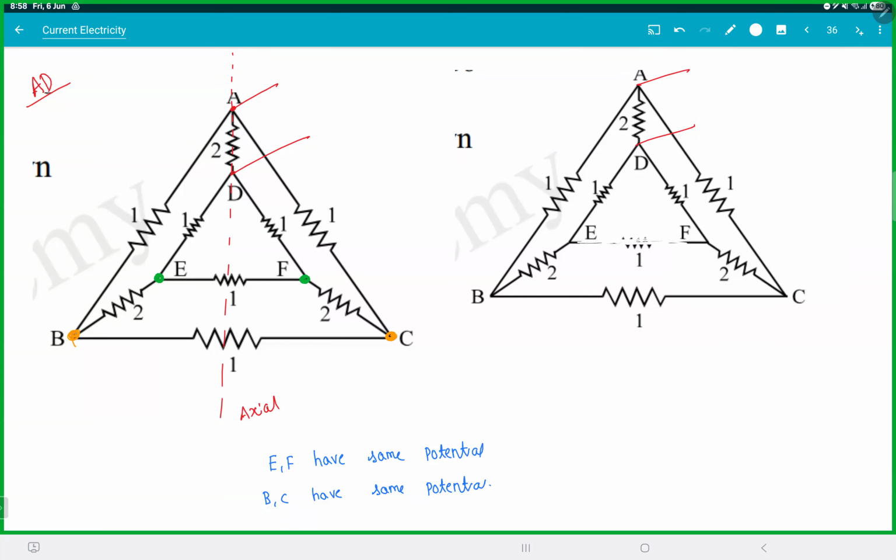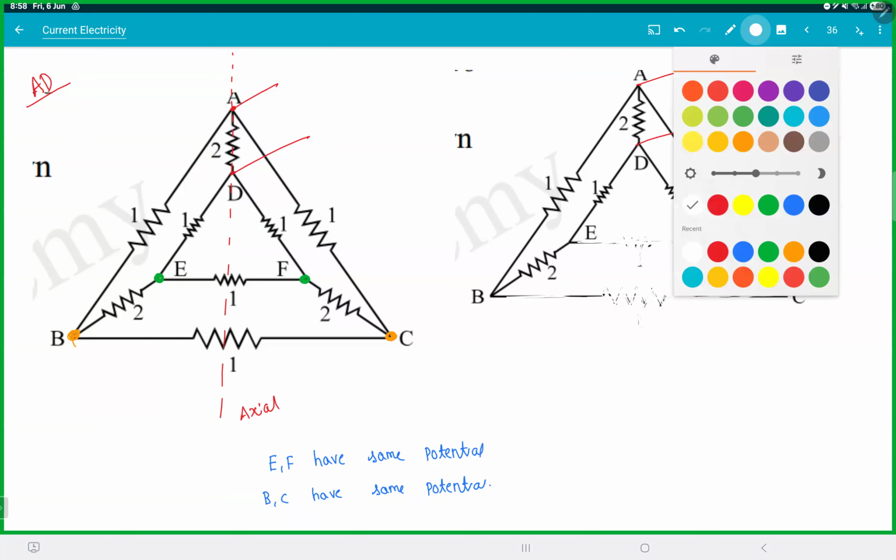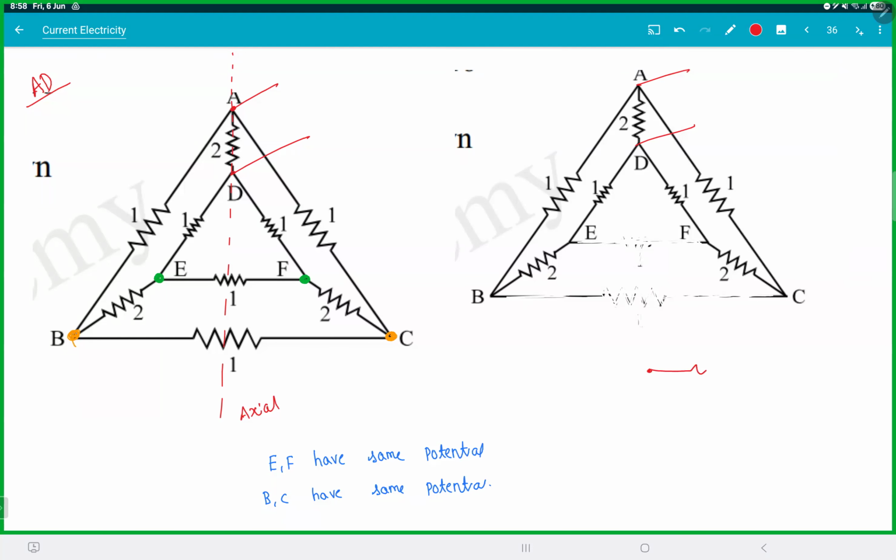I can remove this EF. I can remove this BC also. If you want to fold it, you can fold it also. But you know, when you fold, what happens? It looks like this. When you fold it, that resistor will be like this and comes back to the same point, isn't it? So that is as good as it is. You can remove it, isn't it? It just comes and joins back to the same point there.